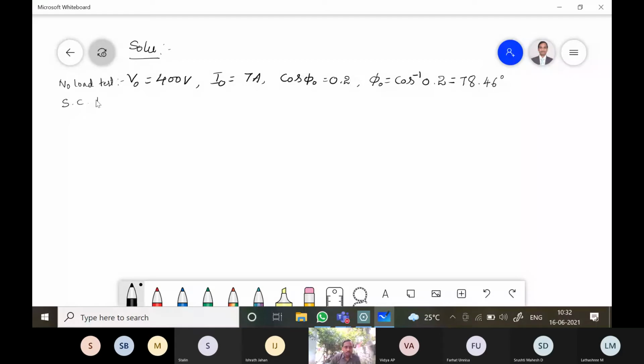Similarly, from short circuit test, we got VSC is equal to 100 volt and ISC is equal to 25 ampere, and power factor cos phi SC is equal to 0.4.